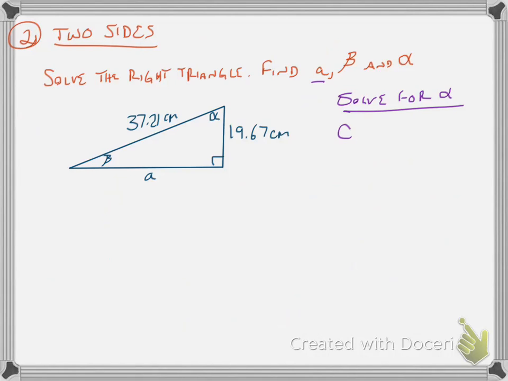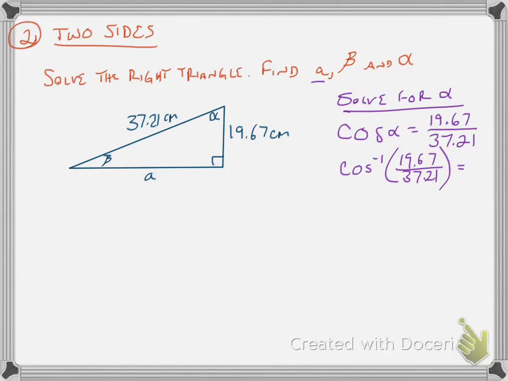The cosine of angle alpha is equal to adjacent over hypotenuse, and my adjacent is 19.67 over 37.21. Remember how to find these when I don't know the angle but I know the sides: we use the inverse. The inverse cosine of 19.67 divided by 37.21 is going to equal my variable alpha.